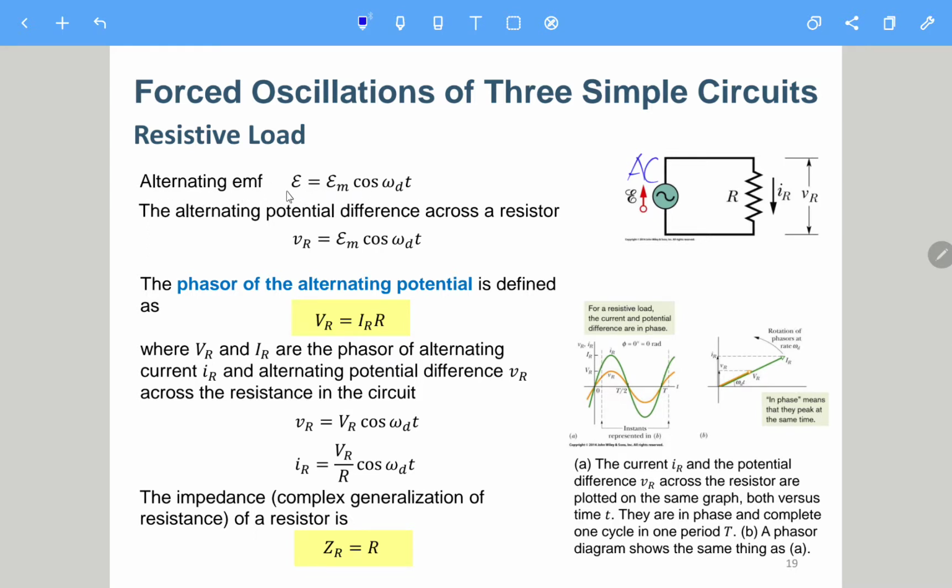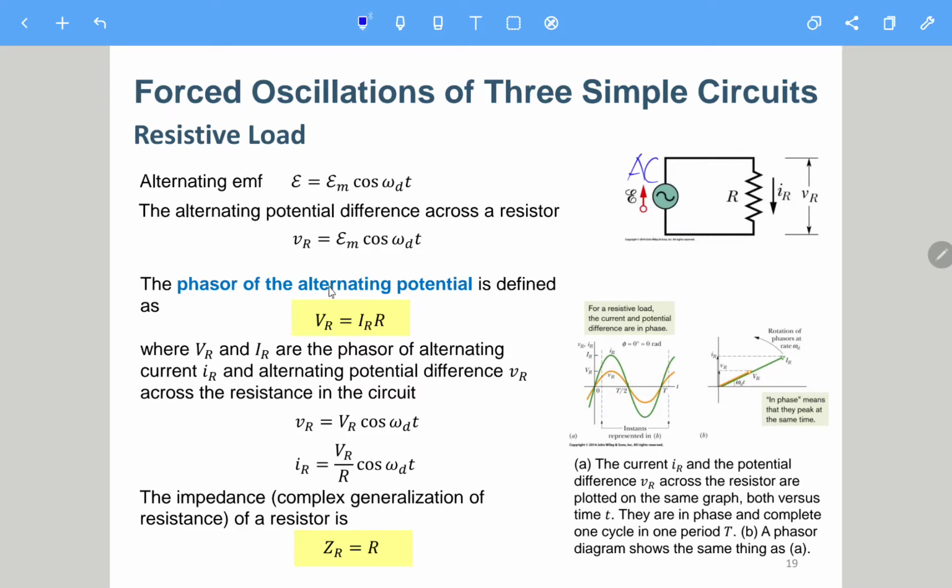So it can be written as E equals EM, where EM is the amplitude, times the cosine omega d t. Omega d is the angular frequency of this AC source.